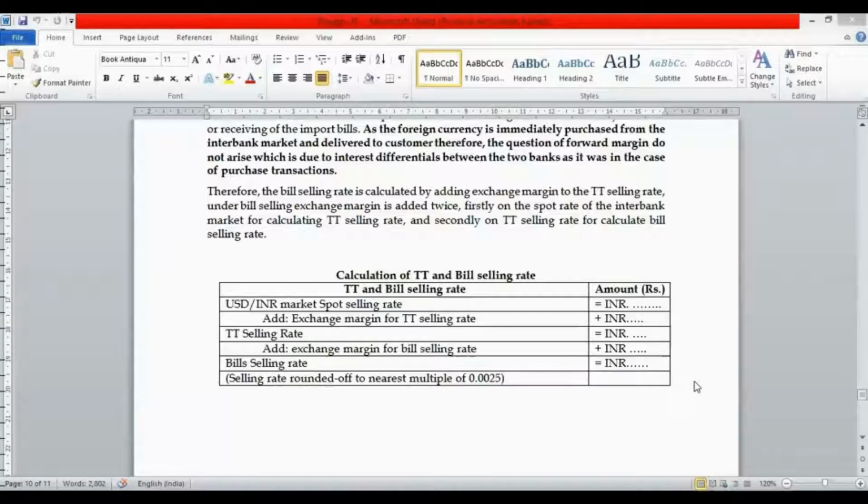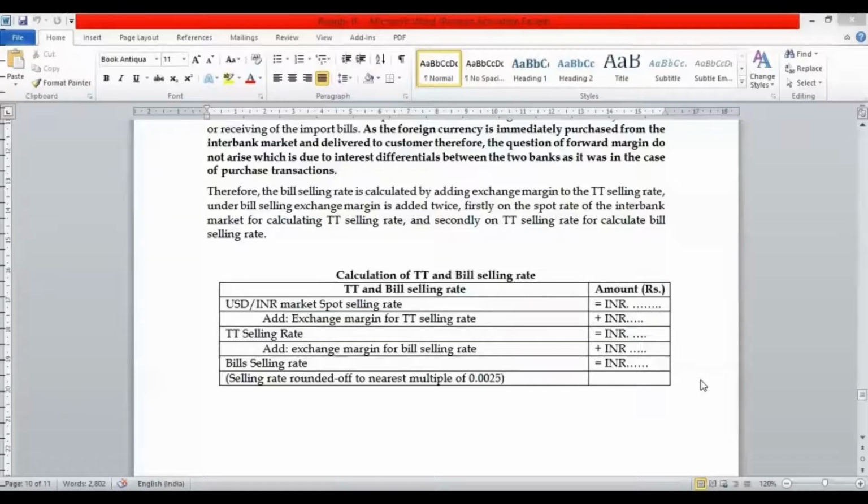The bank will approach the interbank market, take the selling rate from there, and that becomes the base rate, which will be communicated to the customer along with the loading of the exchange margin. This we took up yesterday. Interbank market will give the rate, and that rate will be communicated to the customer as the selling rate after loading the exchange margin.